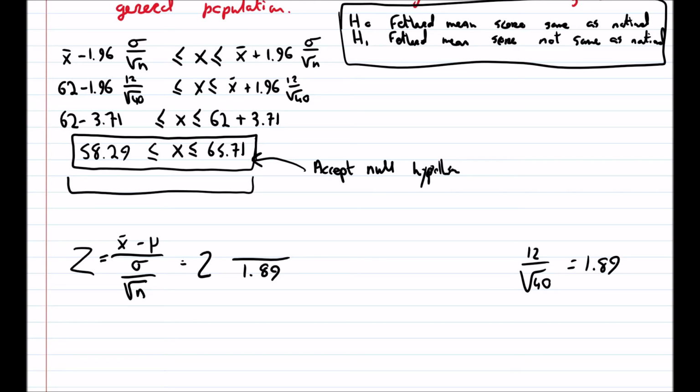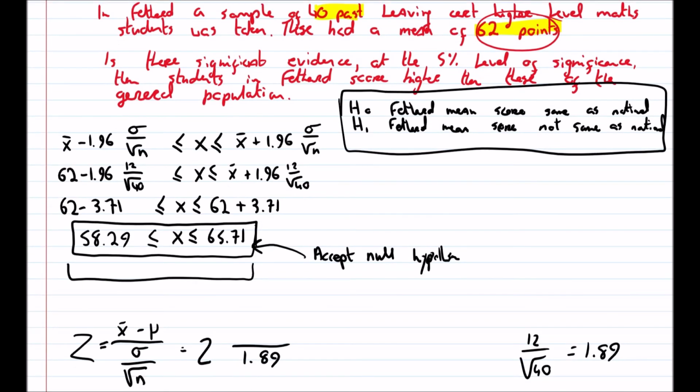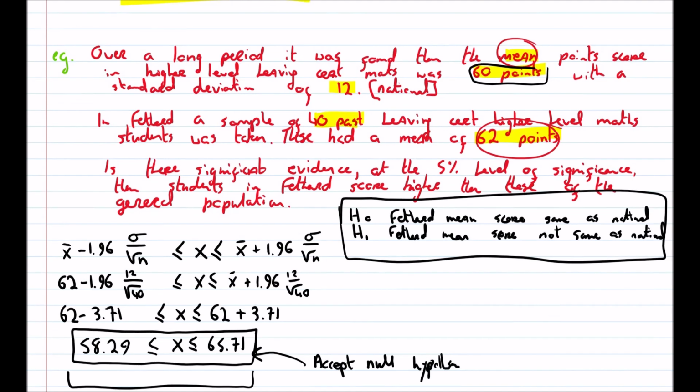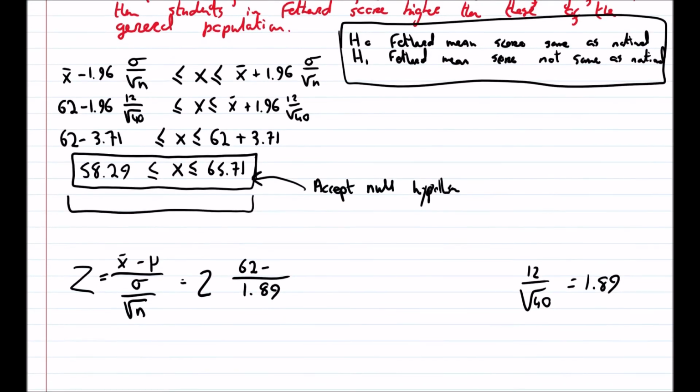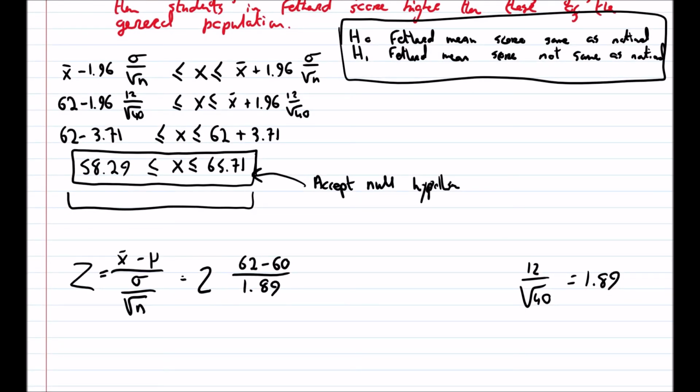And on the top then we have the mean the Feathered kids got, 62, and the mean of the national, 60. That would be 2 over 1.89, and that equals 1.058.